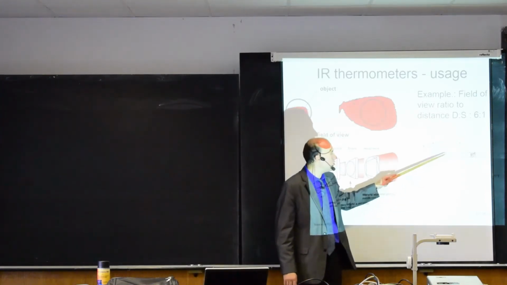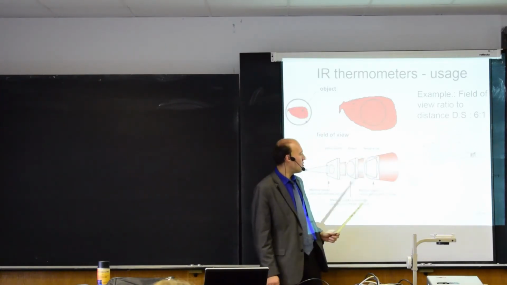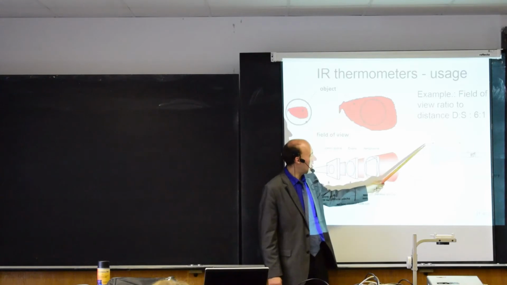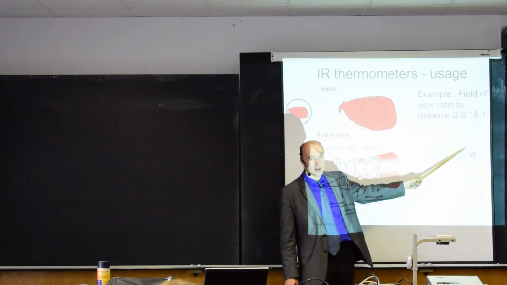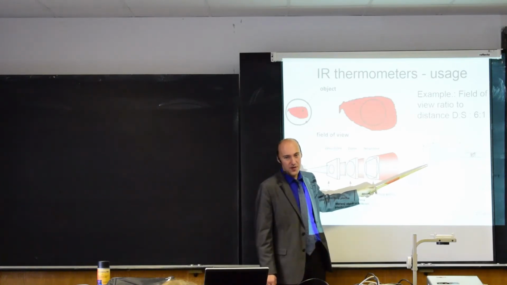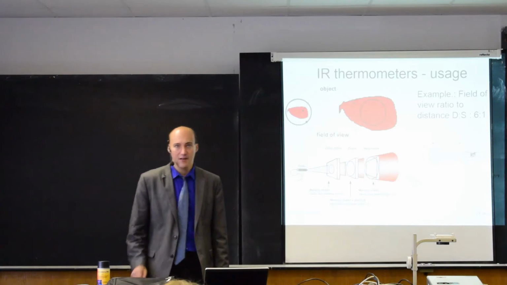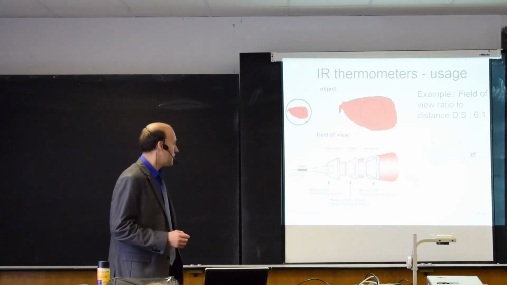Typically, it's a value of something like 6 to 1, 5 to 1, roughly like that. So if you are at a distance of 6 meters, then this would give you a 1 meter diameter. You can use different optics to change that, but this is the typical ratio.